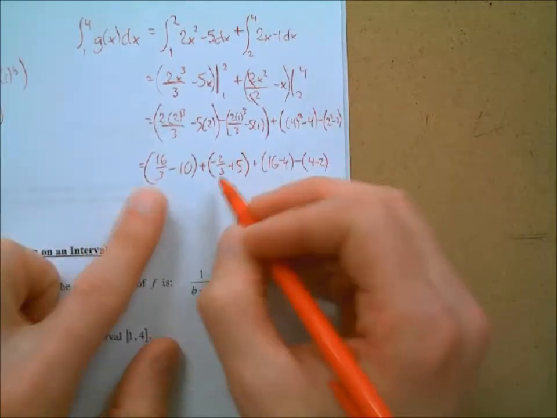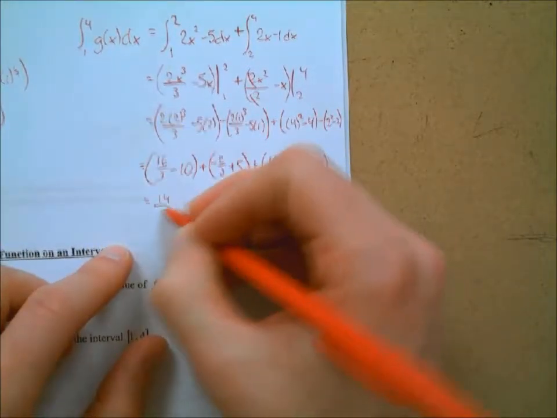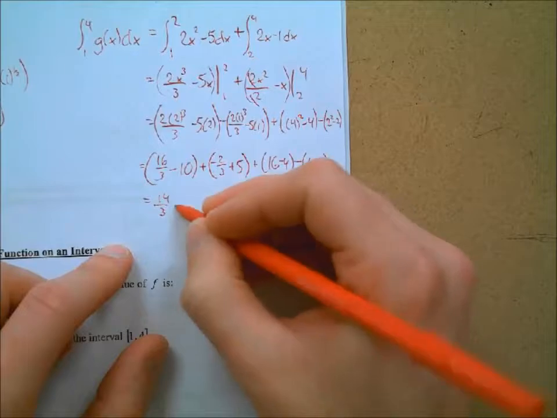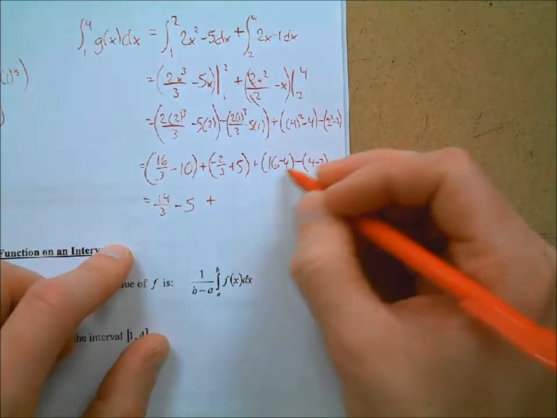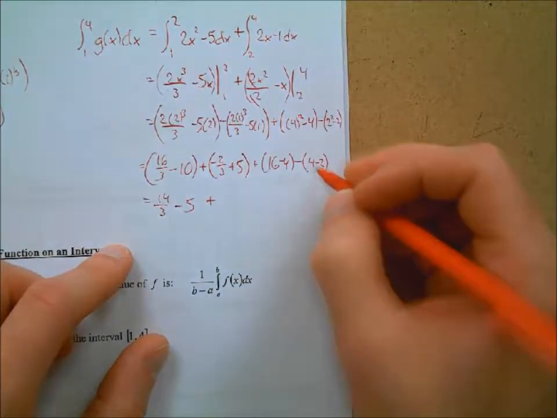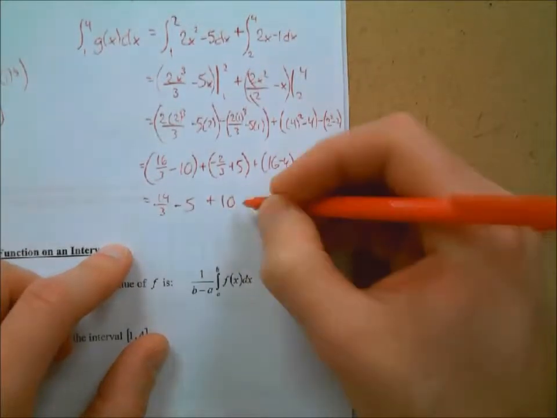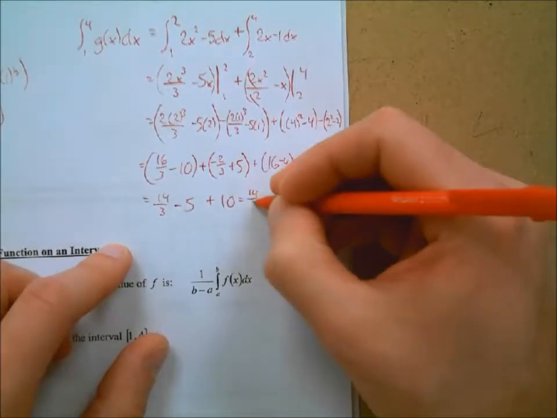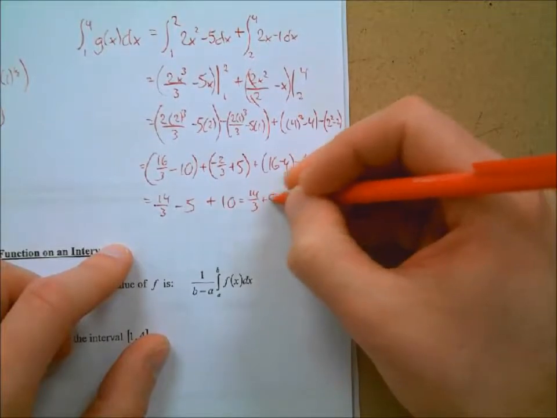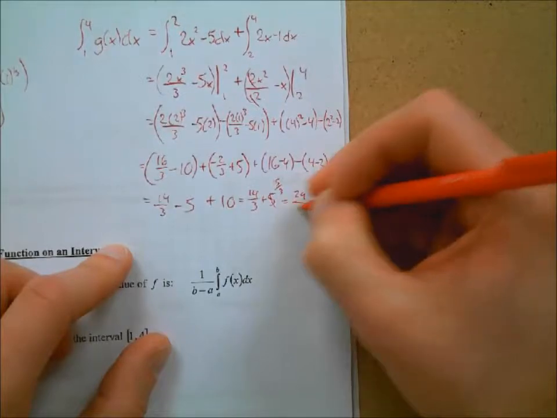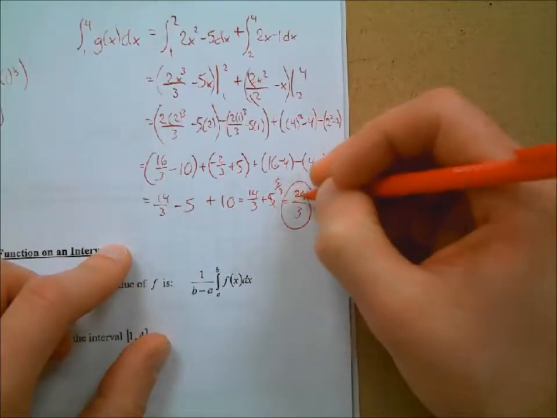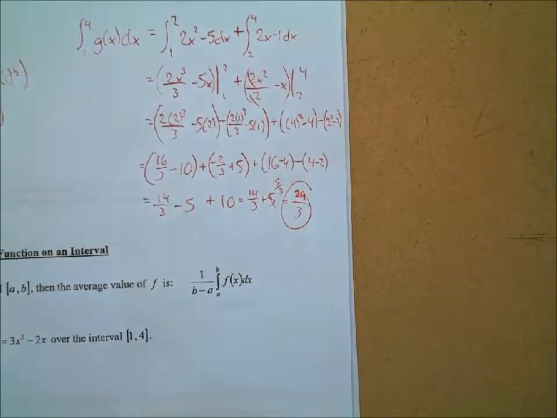So we get 16 minus 2 thirds, so 14 thirds, minus 10 but plus 5 gives us minus 5. And let's see, 16 minus 4 is 12. Take away 2, so 10. So you get 14 thirds plus 5, which is really 15 over 3, which is 29 over 3. Okay, so 29 thirds.